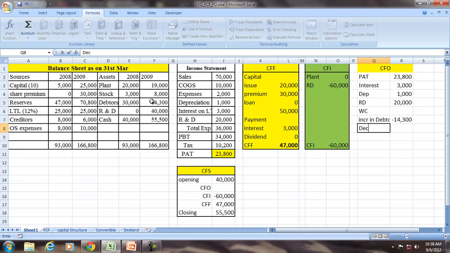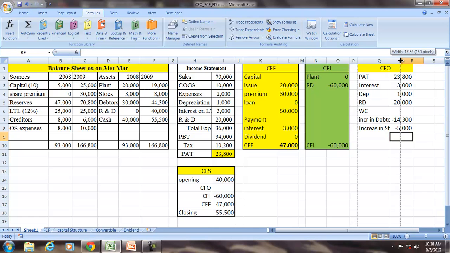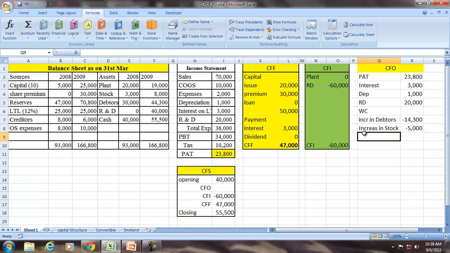Stock has also increased. Increase in stock, so it is 3,000. That means we purchased the goods during this period, minus 5,000.